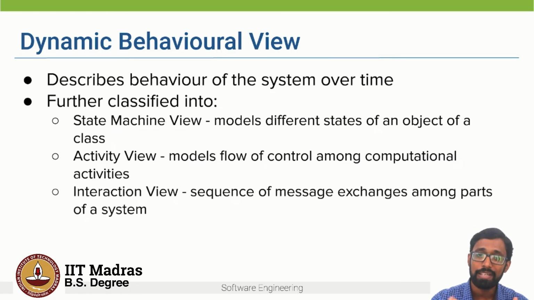And then we have the interaction view, which describes the sequence of message exchanges, right, among parts of a given system. So it gives a holistic view of the behavior in a system by showing the flow of control across different objects. So in this video, we'll be looking at the interaction view in a little more detail.